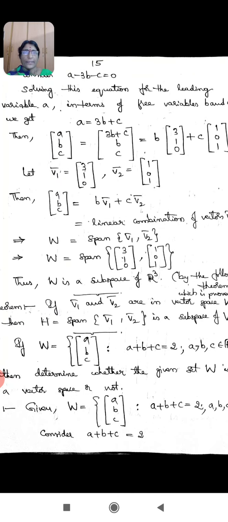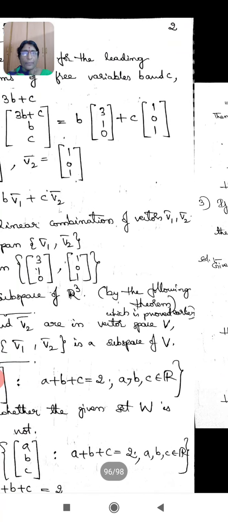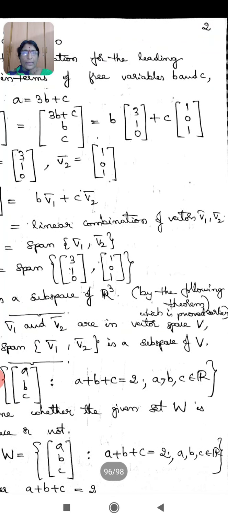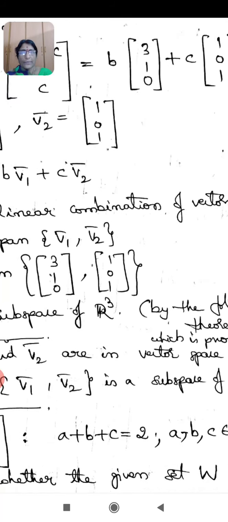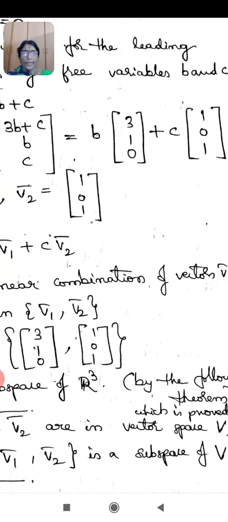Then the column vector (a, b, c) can be written as (3b plus c, b, c). And here we can see, by taking b common as a scalar multiple, we can write the vector beside it as (3, 1, 0), as the coefficients of b in this vector are 3, 1 and 0.